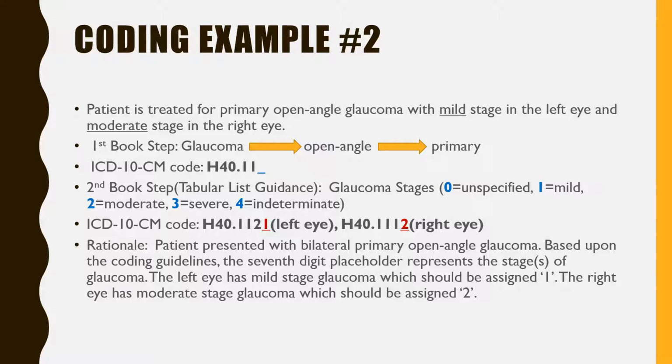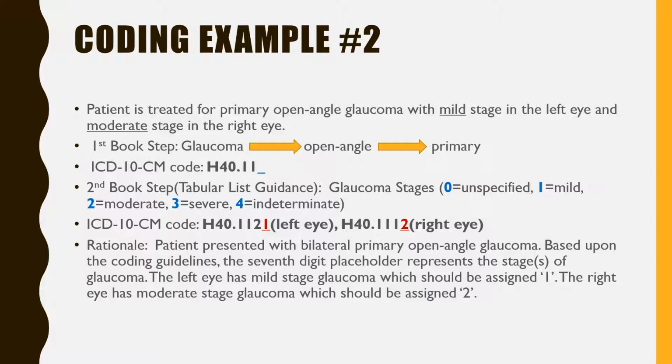So once we get to our category in our tabular list, our ICD-10 codes should be H40.1121, which represents the left eye. The 6th digit represents the left, and the 1 represents the stage, which was mild. And our next ICD-10 code is H40.1112. 1 represents, again, the right eye, and 2 represents the moderate stage.